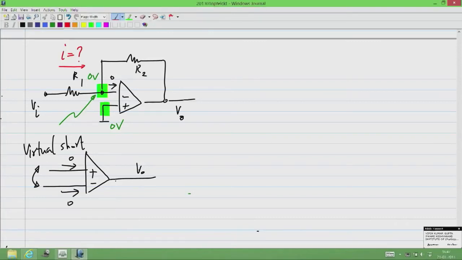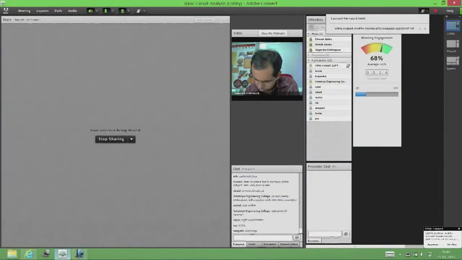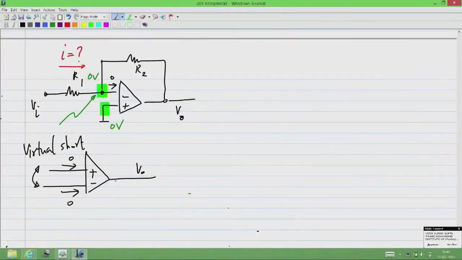So clearly, it is equal to Vi by R1. Okay. So we have Vi across the resistor, and the current is Vi by R1.